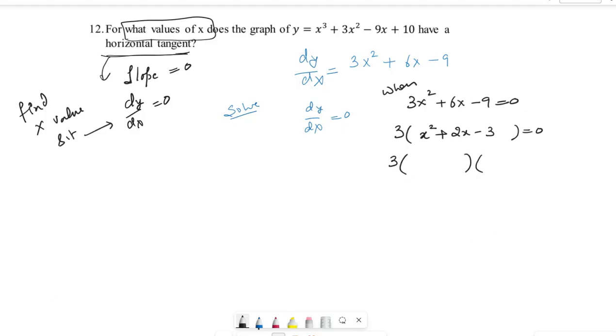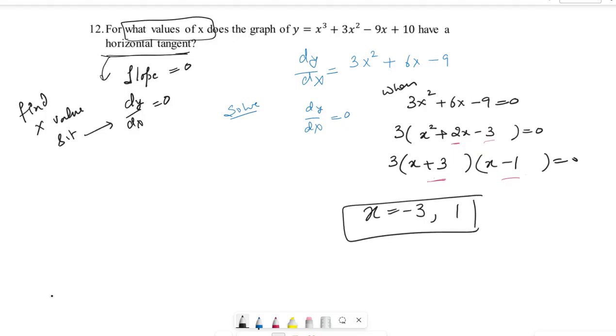This is a quadratic whose factors would be x plus 3 and x minus 1, because their product should be negative 3 and their sum should be 2. So that means at x equal to negative 3 and x equal to 1, the tangent is horizontal.